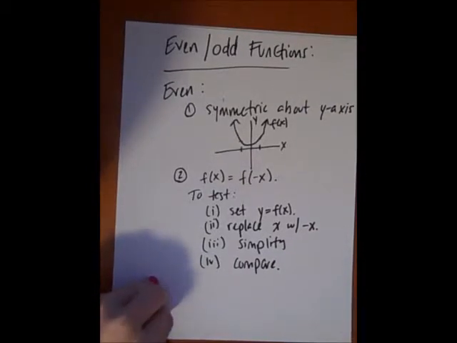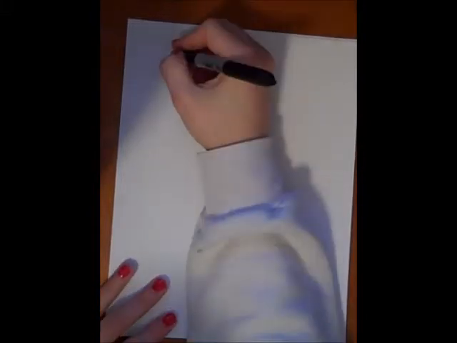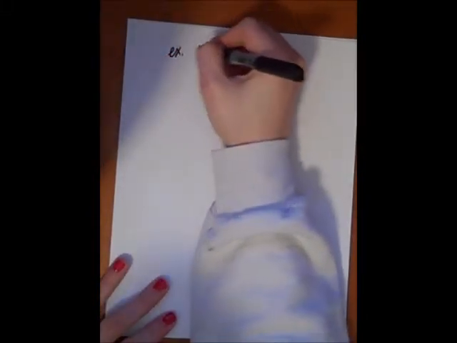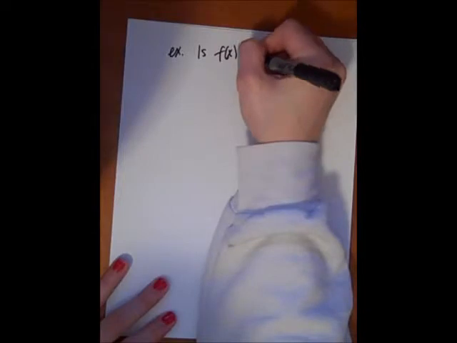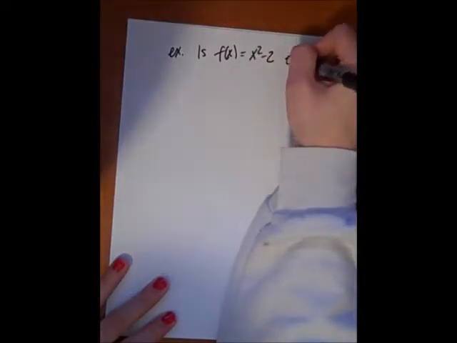So let's do an example of this. Is f of x equal to x squared minus 2 even? Is this an even function? Well, I don't have the picture, so I can't just say it's symmetric about the y-axis. So instead I'm going to do it algebraically.